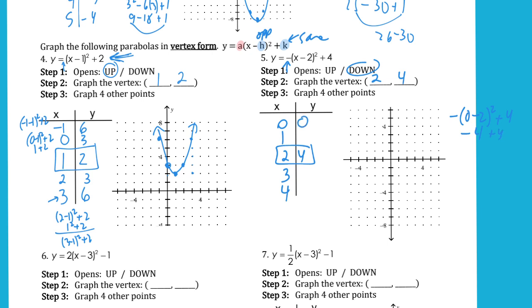Going to change colors to green. If I do the 1, okay, so I've got a negative, and then I've got 1 subtract 2 squared, add 4. That's (-1) squared. That's 1, and then bring down this negative out in front. Add 4, you get 3. If you plug in 3, okay, we don't have to plug in 2 because we know it's 4.